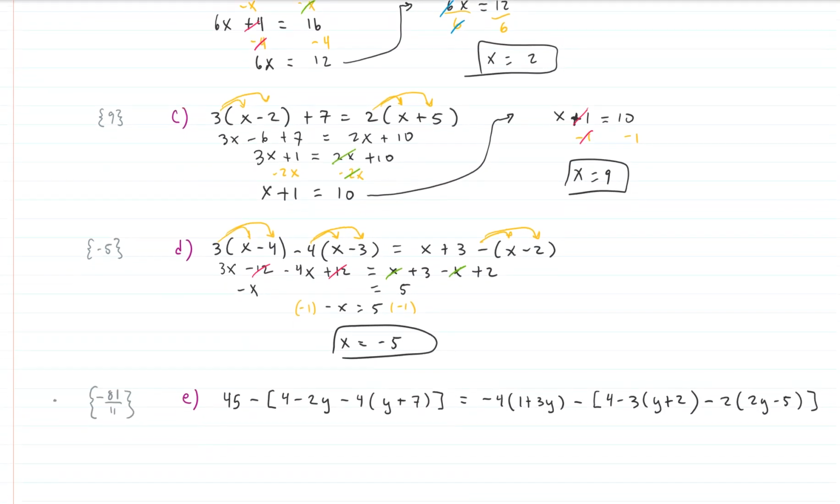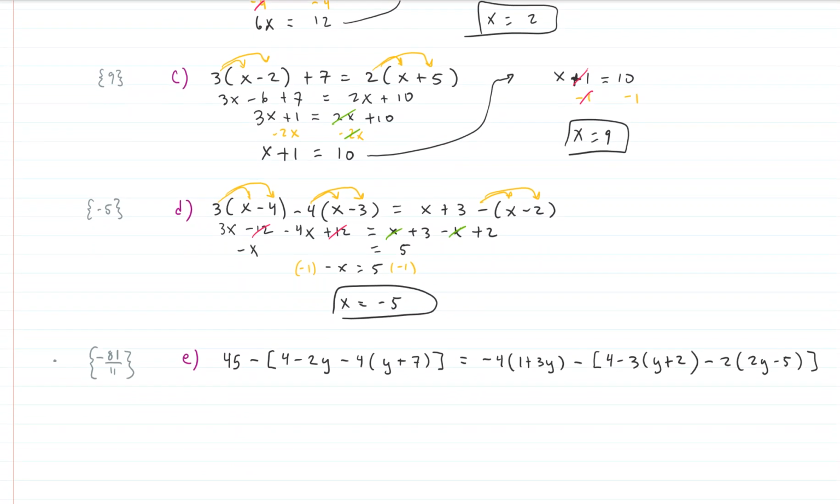We're super close. One more problem. So this is example E, and this is the longest of them all. In fact, it's so long, we even incorporate square brackets along with parentheses because there are too many parentheses. So we have 45 minus square bracket.